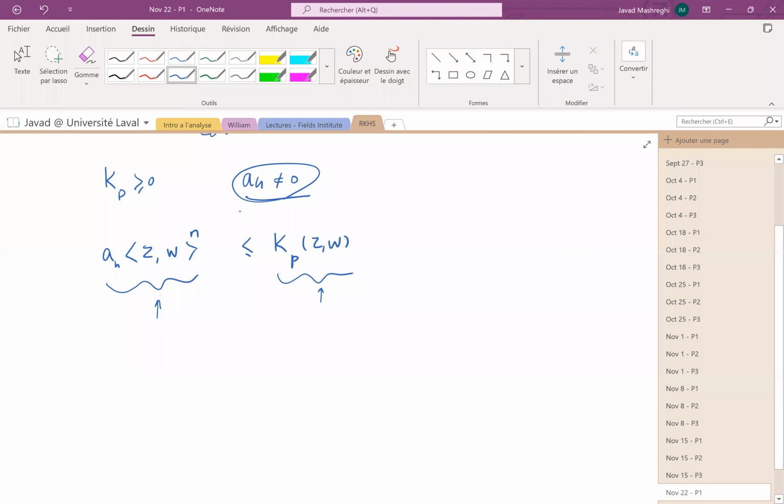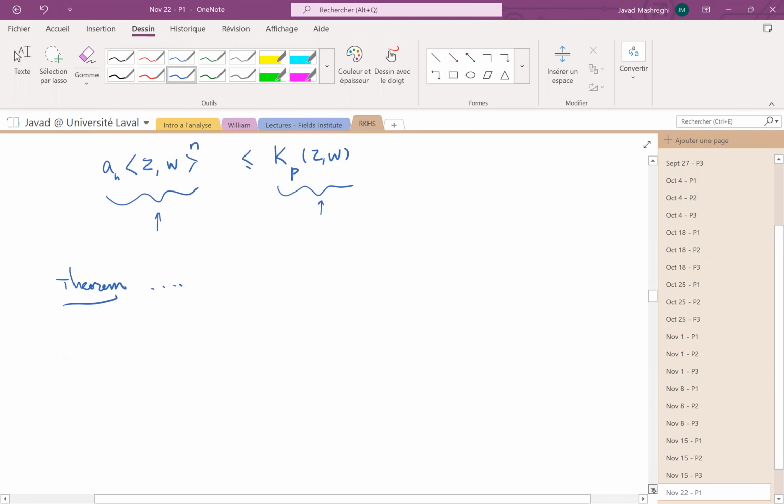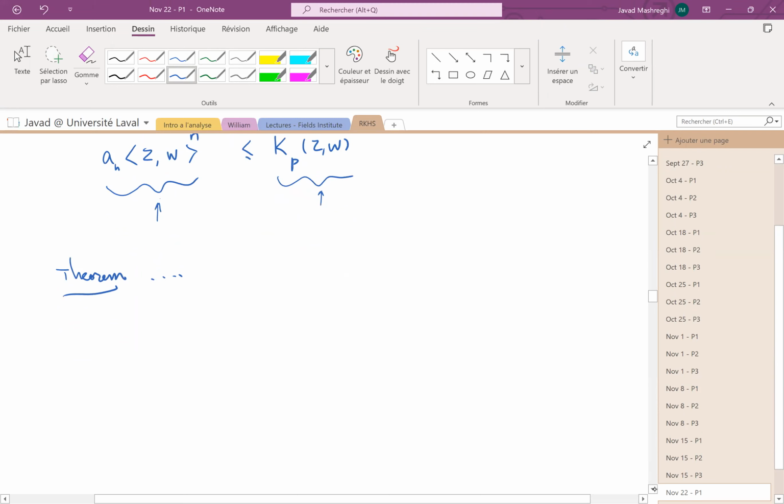So I write the theorem as this. The hypothesis, you know what it is. It's as before, as in the proposition, and we assume the convergence.